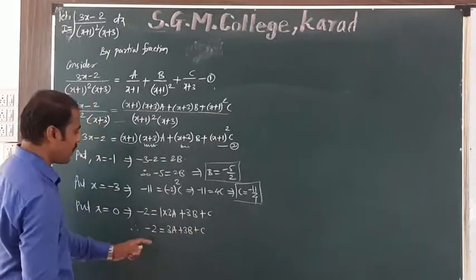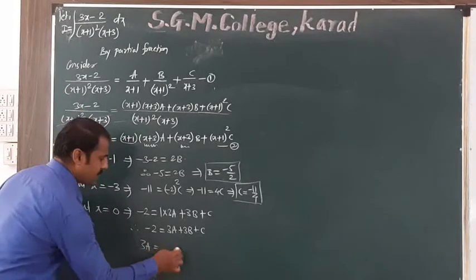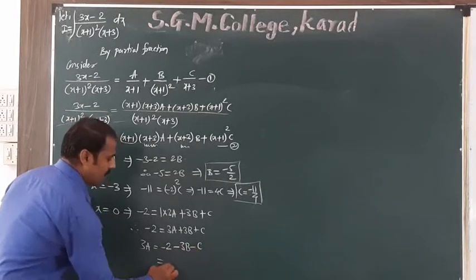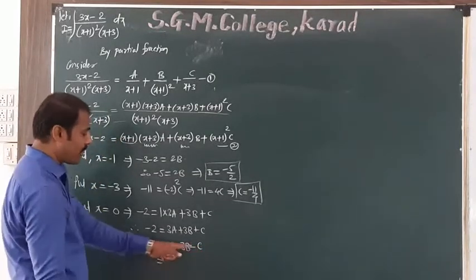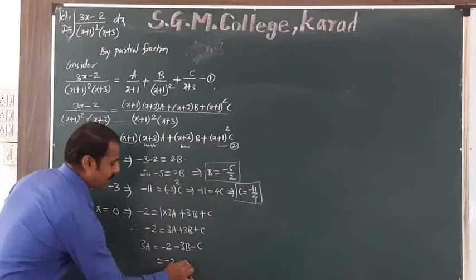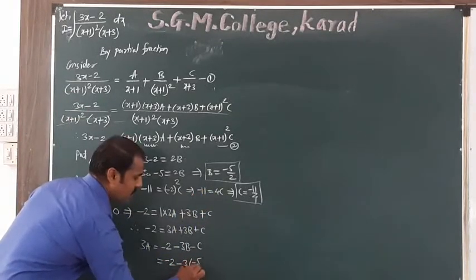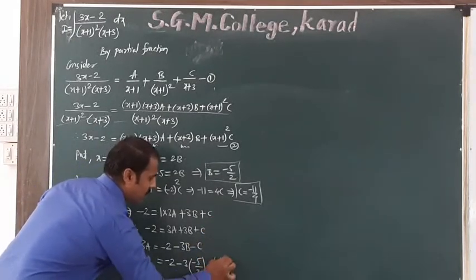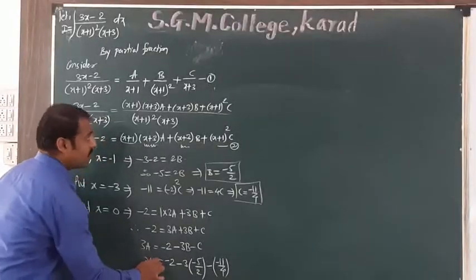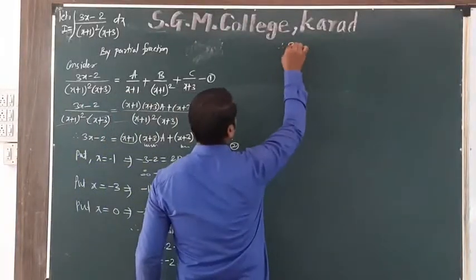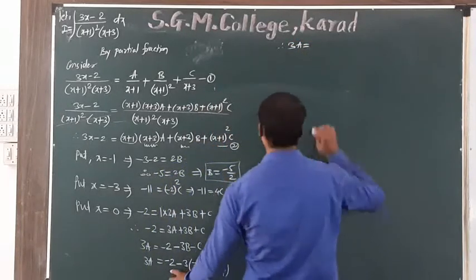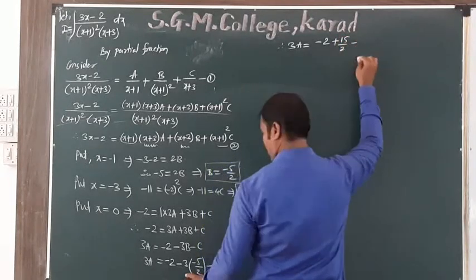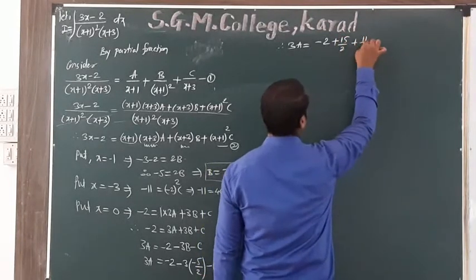To find the value of a, I can write this as 3a is equal to minus 2 minus 3b minus c, and put here the values of b and c. Minus 2 minus 3 into the value of b, which is minus 5 by 2, minus the value of c, which is minus 11 by 4. After simplification we get 3a is equal to minus 2, minus minus becomes plus 15 divided by 2, minus minus becomes plus 11 divided by 4.